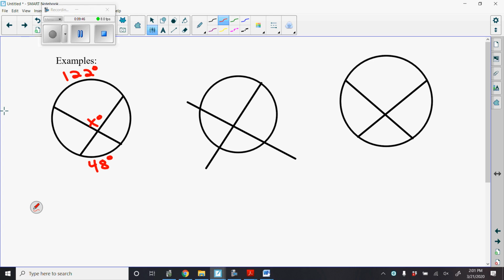What's my angle here? Well, I don't have a number for it. It's marked as x. I do angle equals bend plus bend over 2. Oh, 122 plus 48 makes 170.